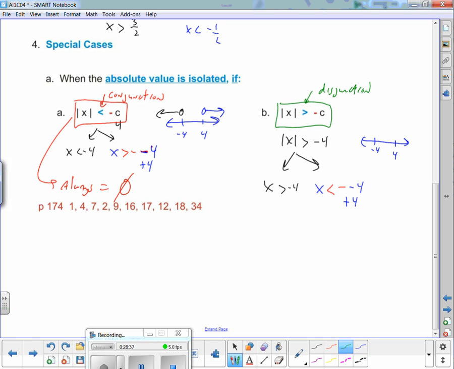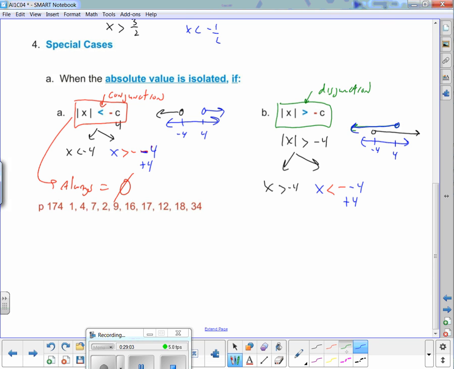But look what happens to our disjunction. Black one. Circle over the negative 4, arrow to the right. Blue one. Circle over the 4, arrow to the left. How in the world did that blue turn green?